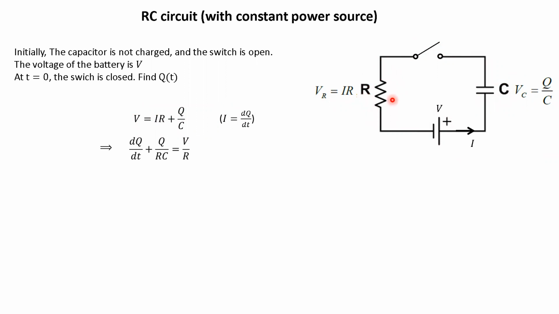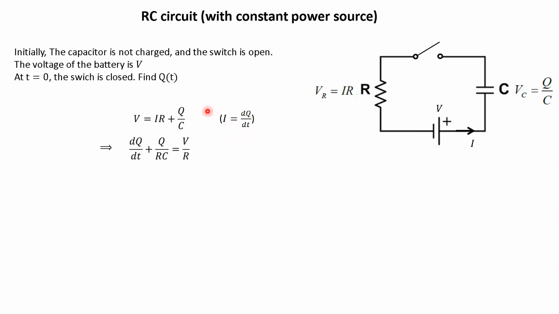Now V equals IR, so IR is the potential difference across the resistor, and the voltage across the capacitor is Q divided by C. Notice that by definition the current is I equals dQ/dt.